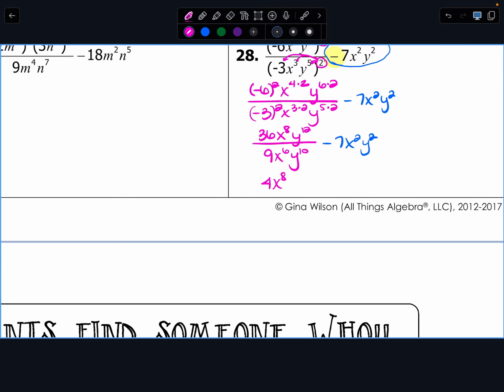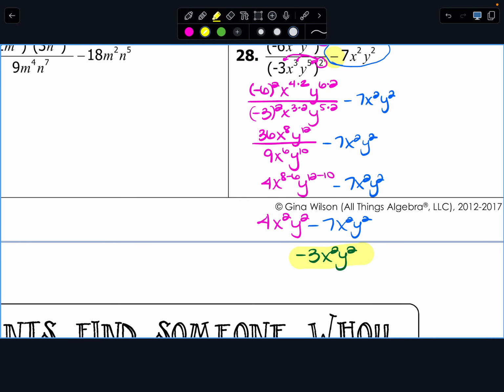I get x to the 8 minus 6, y to the 12 minus 10, minus 7x squared y squared. So I get 4x squared y squared minus 7x squared y squared. So I get a total of negative 3x squared y squared.